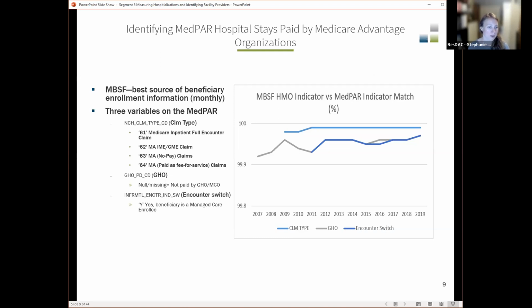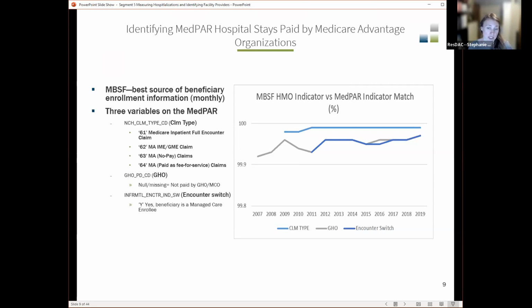There's a claim type code, a GHO paid code, so whether a group health organization pays it, or whether this is an informational encounter submission. They're collected for different reasons, but if you look at the y-axis here, there's very good agreement between these and the MBSF, even though it looks like they're a little bit different.